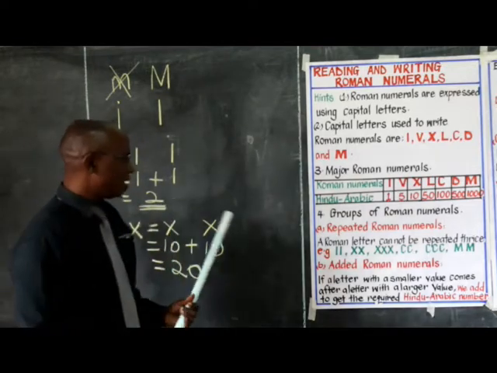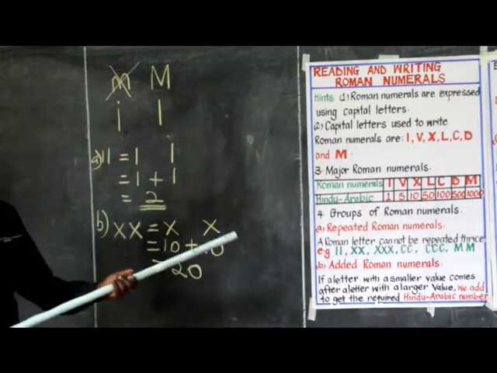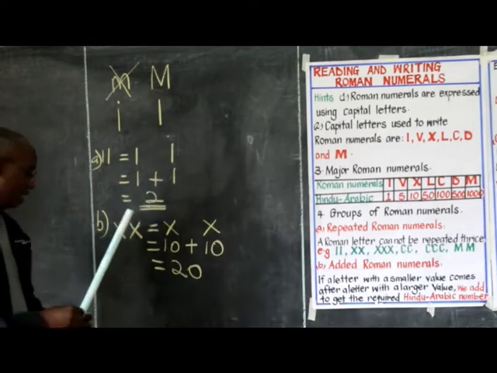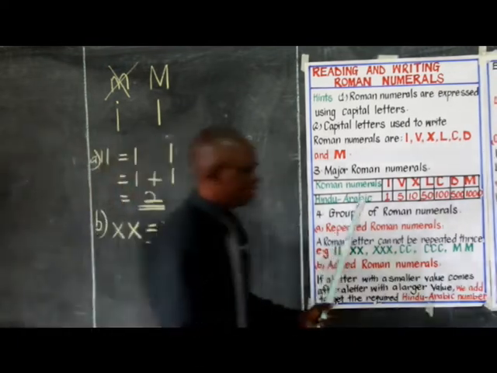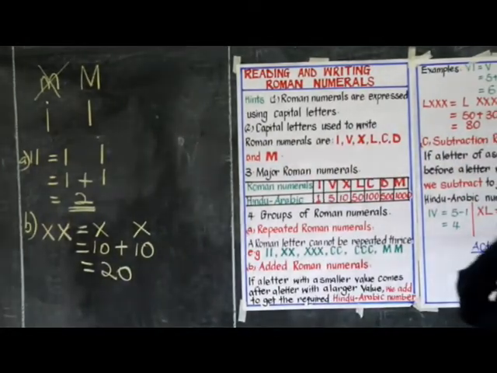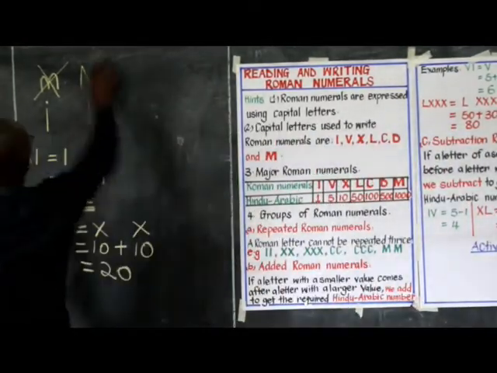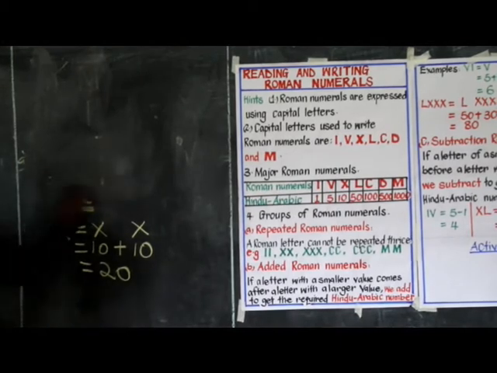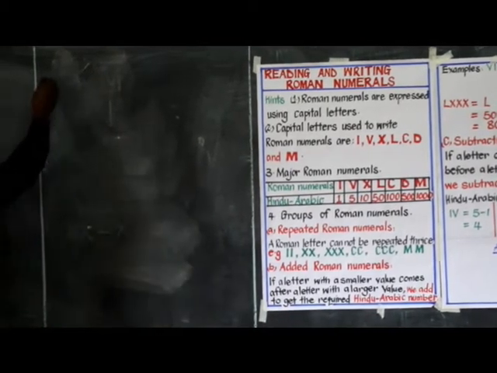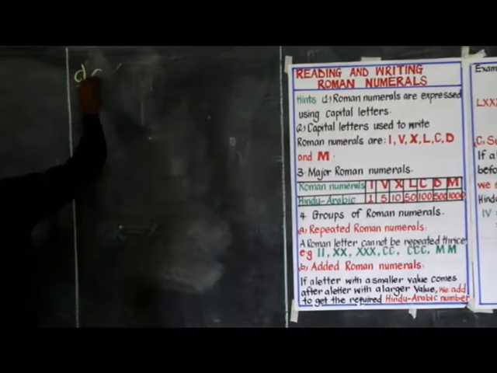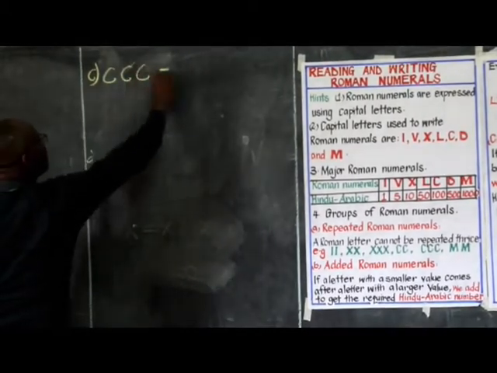We can go to more examples. I'm going to take you to those that involve 3 digits. For example, we have CCC.